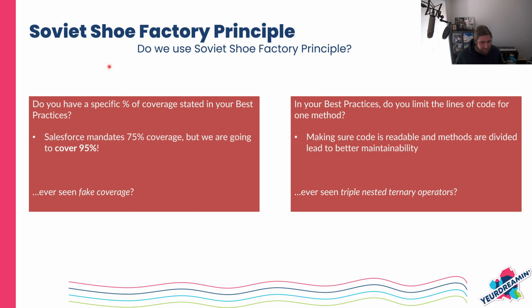And in most of the best practices, once again, guilty, I put it myself, we say we're striving to cover even more than what Salesforce wants, 95%. What it's leading to is really the lines of code coverage, and you can create fake coverage. Especially back in the day, you've seen these methods which are thousands of lines long of, I don't know, an integer adding to itself by one, and it's called forCoverage or something.